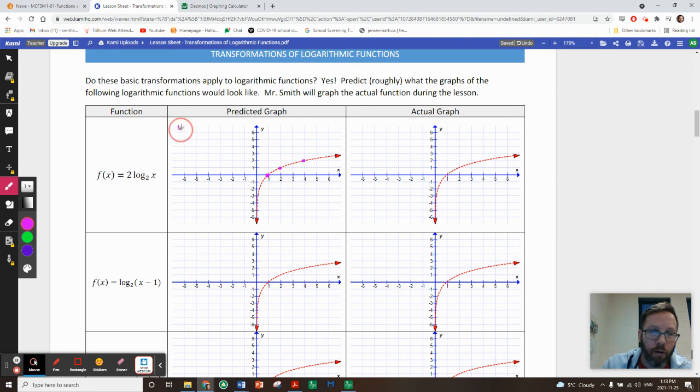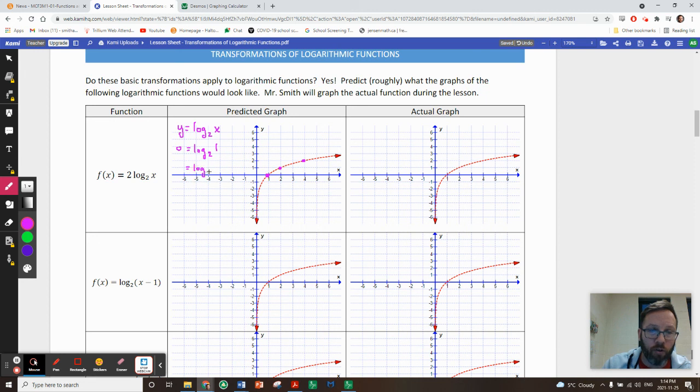I have some room here, so I'm just going to write this down. The dashed line here represents the base function log base 2 of x, and we know that when x is equal to 1, 2 to what power gives you 1? 0, the point (1, 0).